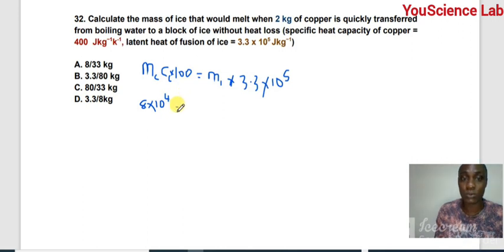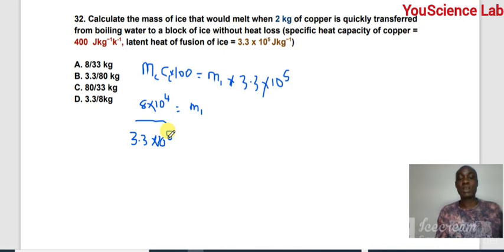It's going to be equal to Mi, or Mi is going to be equal to, I'll divide by 3.3 times 10 raised to power 5.